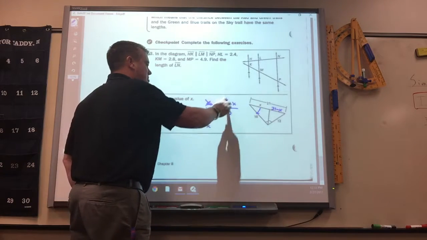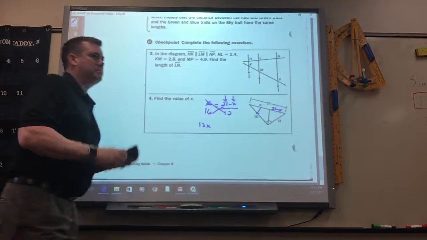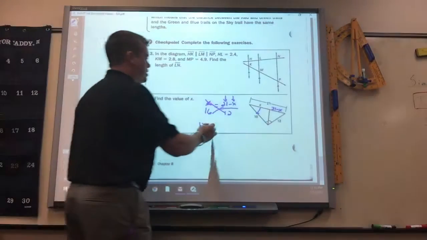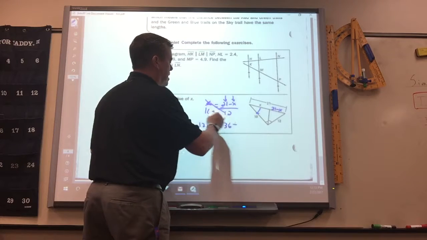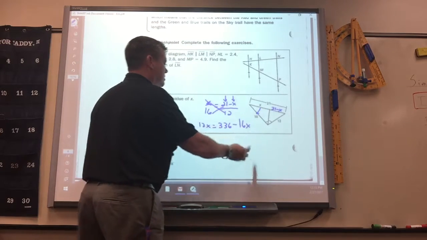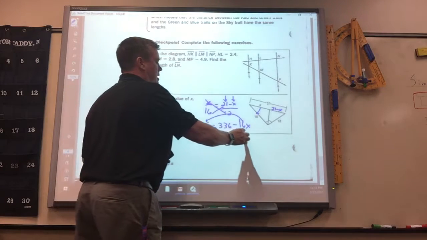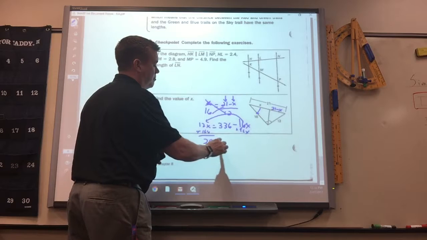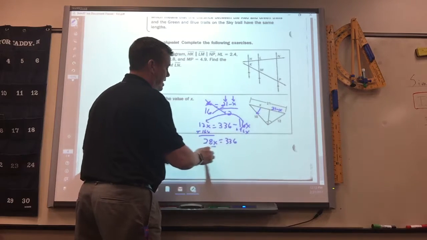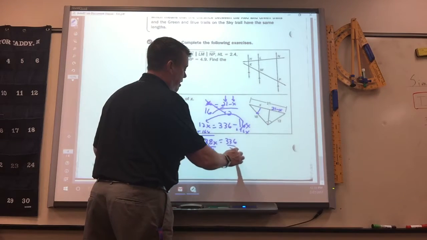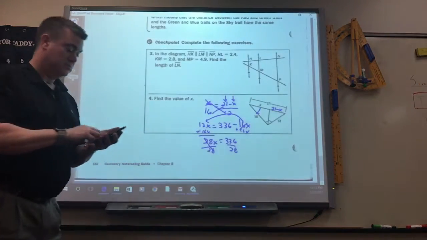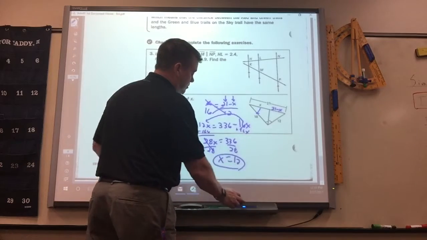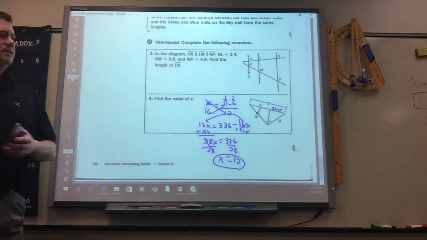And then on here, 16 times both of those, you got to take them times both. It's 336 minus 16x. So move the x over, it's minus, so you add it. And then divide by 28. And you get 12. So that's about the hardest that they are, is ones like that.